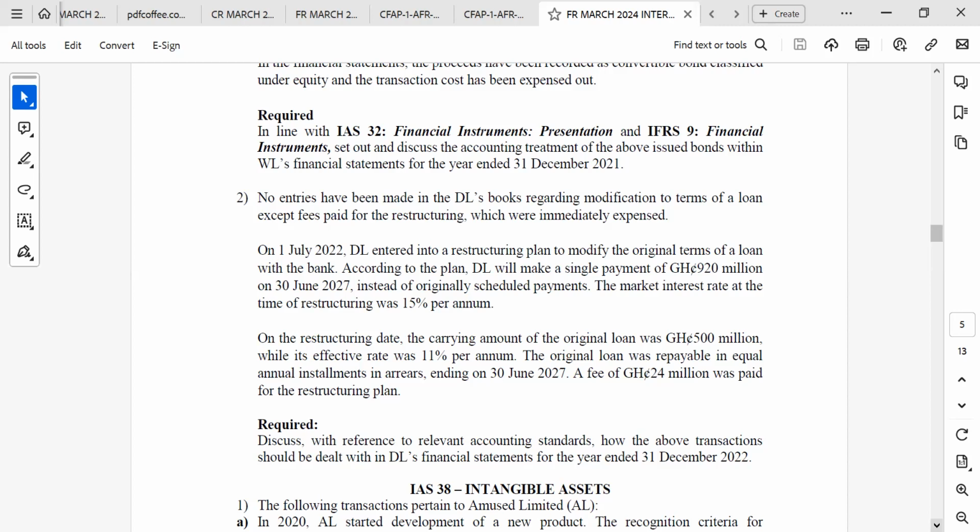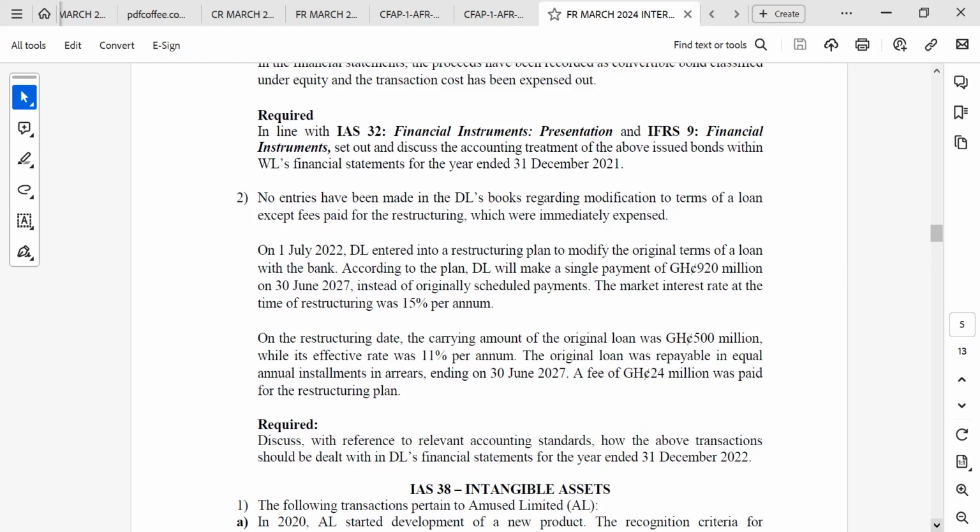A fee of 24 million cedis was paid for the restructuring plan. Required: Discuss with reference to relevant accounting standards how the above transaction should be dealt with in DL's financial statements for the year ended 31 December 2022.